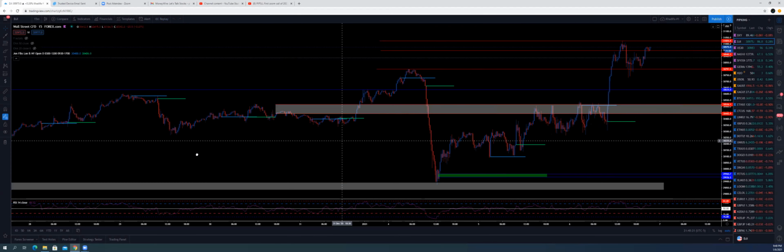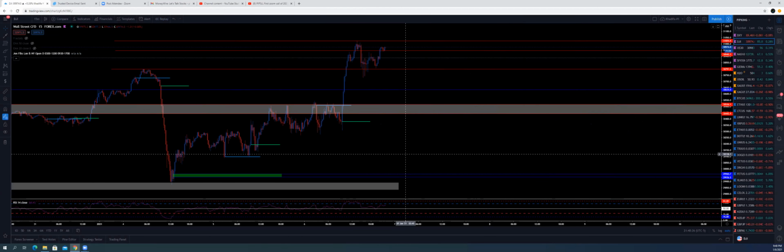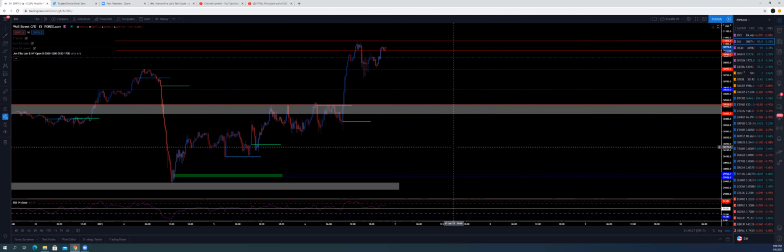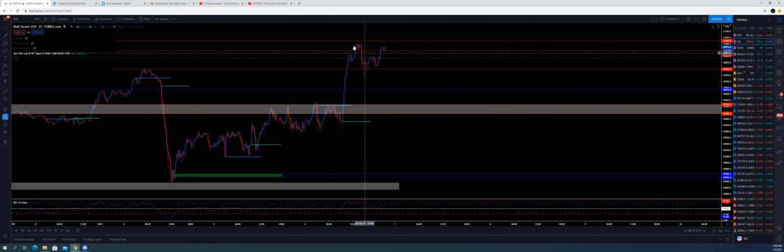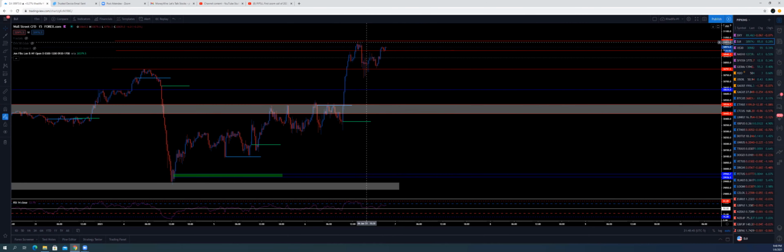So now with everything that's going on, it's crazy, man. I don't see how U30 is just steady pumping up. I don't think we'll get back above this level, 31,025. This top level that I got marked up here.